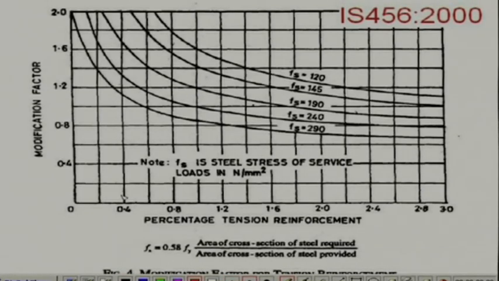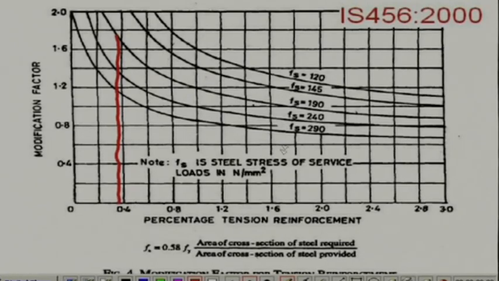And what is the value, 218. You can see that it depends on the values of Fs 120, 145, 190. It means that if you provide more reinforcement, your modification factor will also be more, so that way also you can manipulate a little bit.